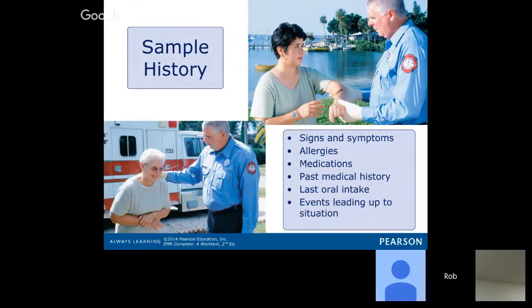So past medical history. Guys, I'm going to throw a word in there that they don't have in there. Past pertinent medical history. I don't really care that you had a knee surgery 36 years ago. It's really not pertinent to the fact that you're having a heart attack or chest pain right now. Some ways of asking that is, have you ever had anything like this before?